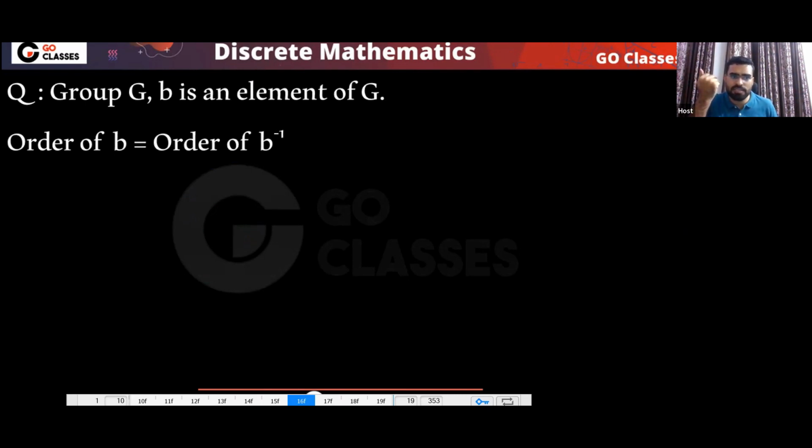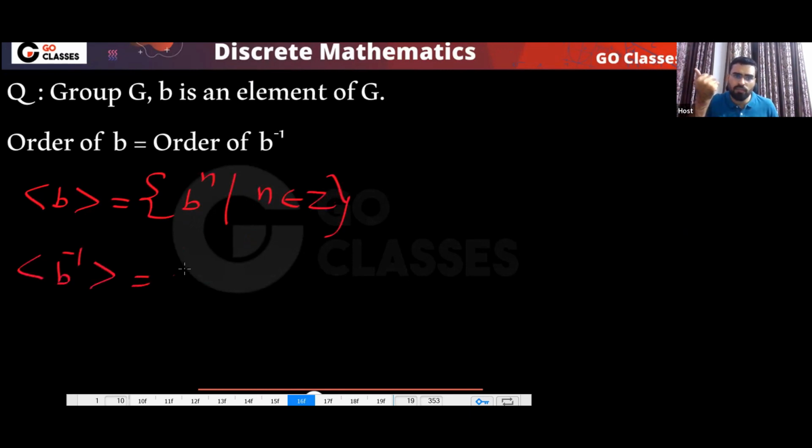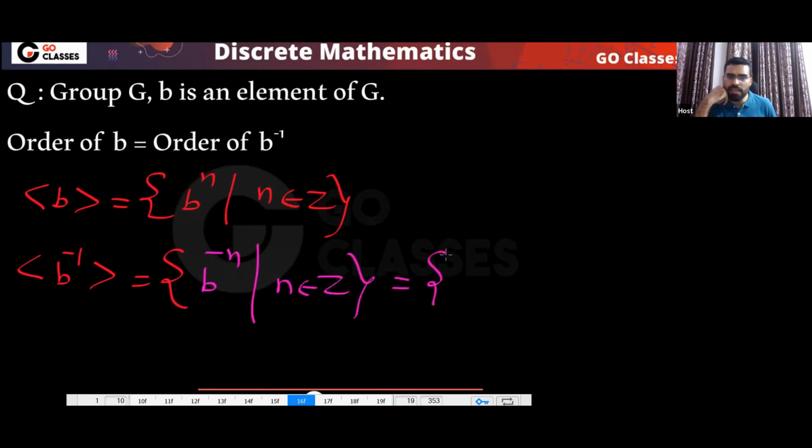Yes, definitely, because you know that, okay, what is this? This is B power integer. You can see that this is B power integer. And this is also B power integer. I can write this as B power minus n, where n is an integer.